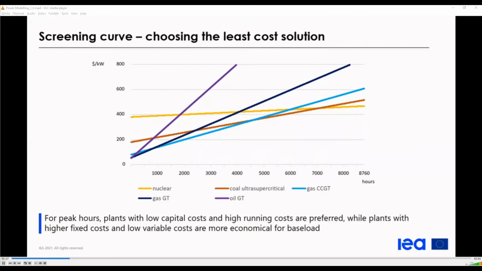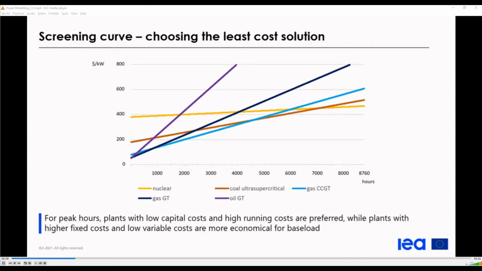This is what we call the screening curve. In the screening curves, you would look on the y-axis at the fixed annual cost, and it would show how the cost would increase over the time of use over the year, depending on how variable costs are evolving.